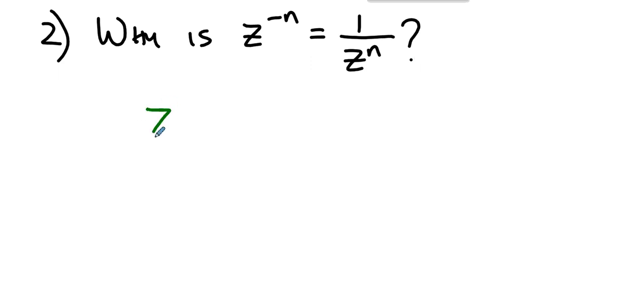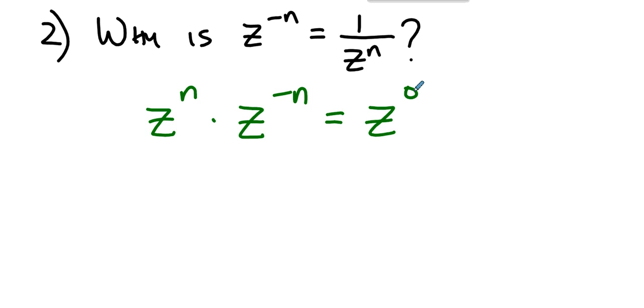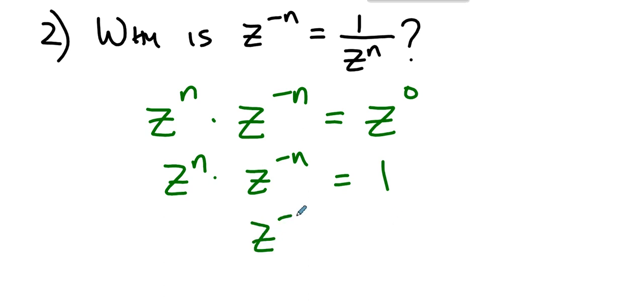Because we know that z to the n times whatever z to the negative n is, whatever you decide this is, z to the n times z to the negative n has to equal z to the 0. And you know that z to the 0 is 1, and so z to the negative n must be 1 over z to the n.